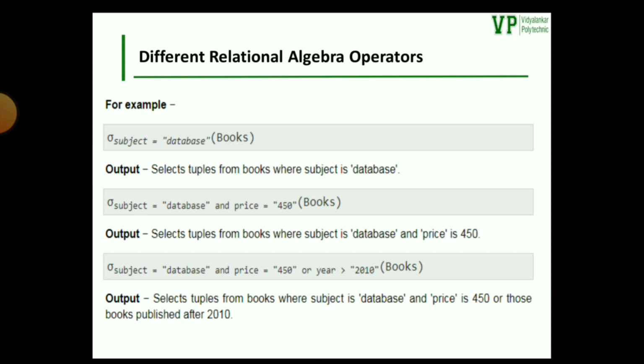We put the select sign which is sigma, and in subscript we write, for example, the subject is equal to our subject name, and then in the line above we write books, which is our table name. Again, we write sigma, the select operator symbol, then the column name which we want to access, and the table from which we access it.